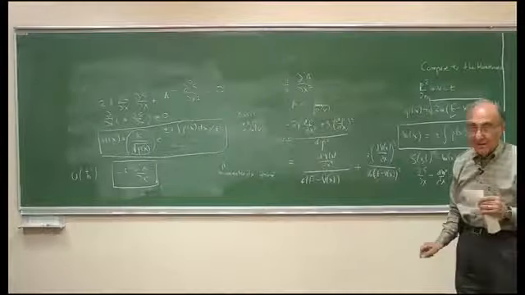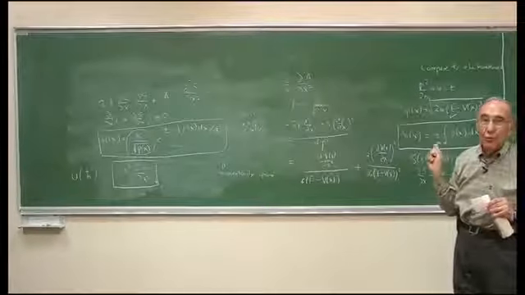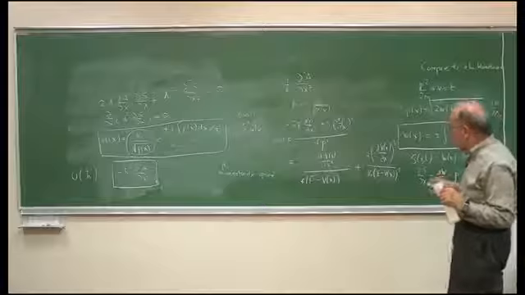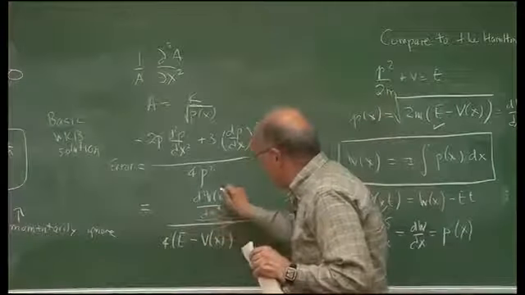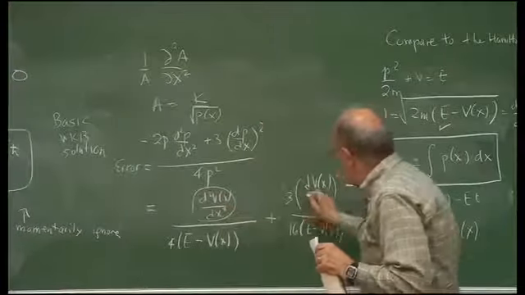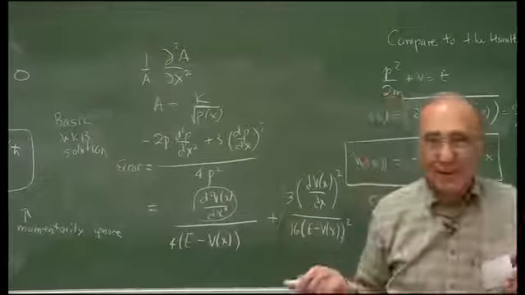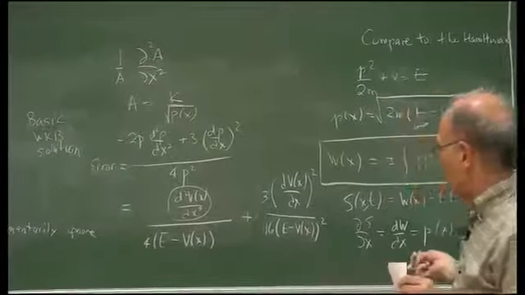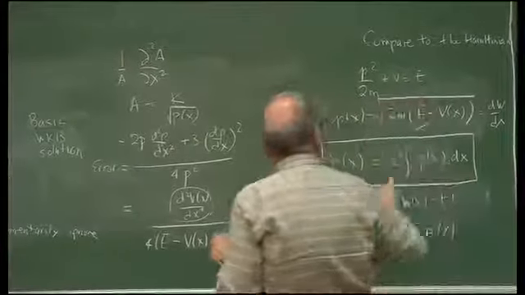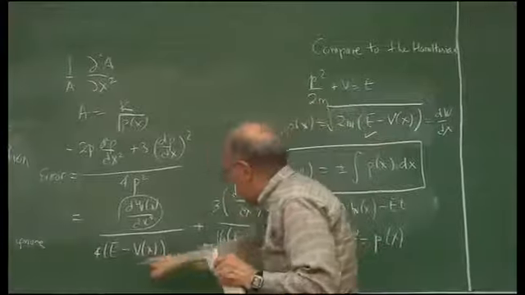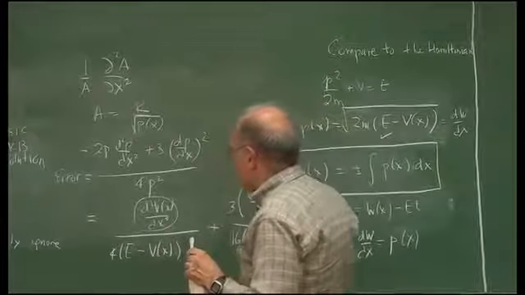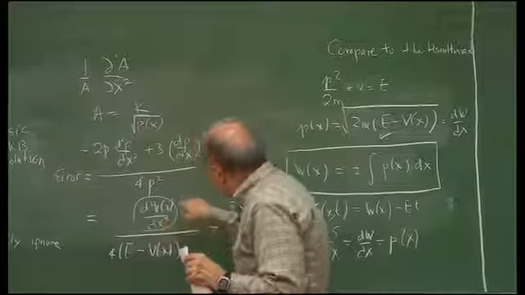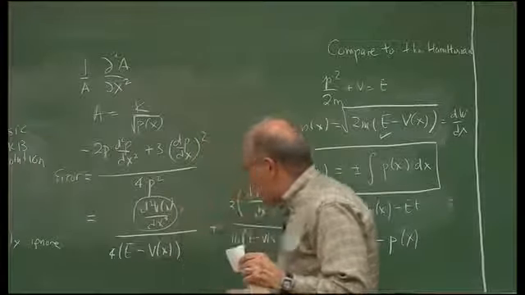Now, let's make two observations here. One of which is that, notice that the errors involve derivatives of the potential divided by E minus V, which is essentially like p, and then we see that slowly varying potential is required.